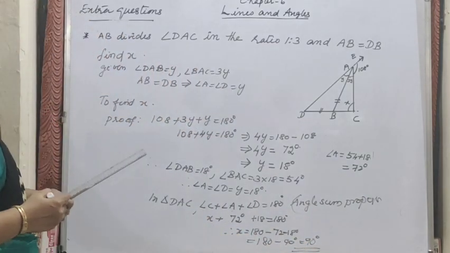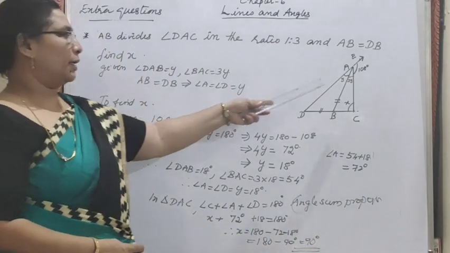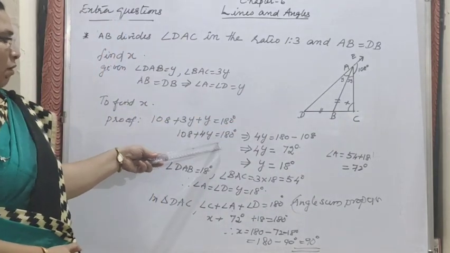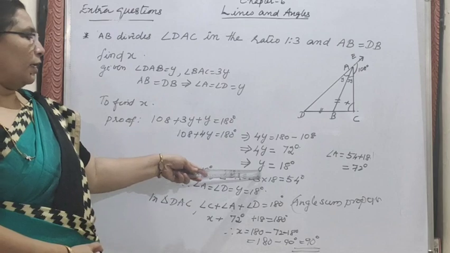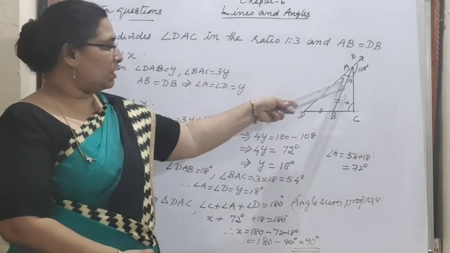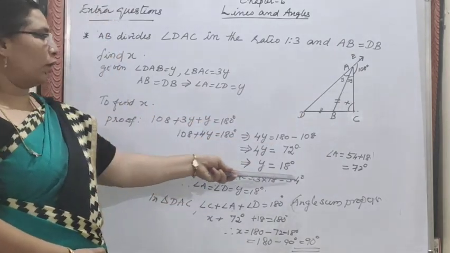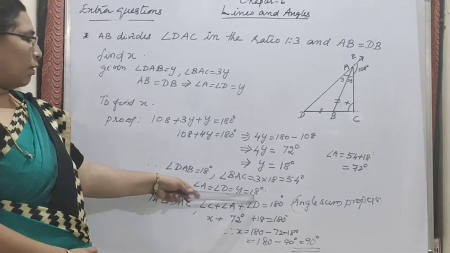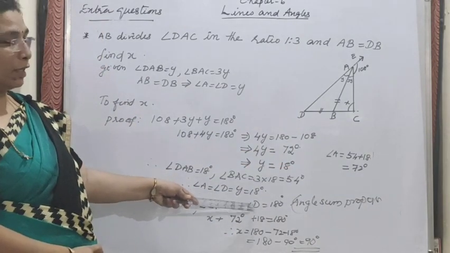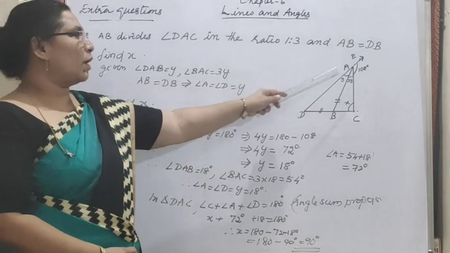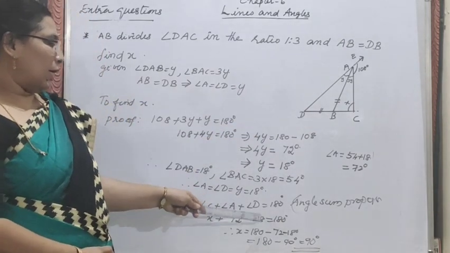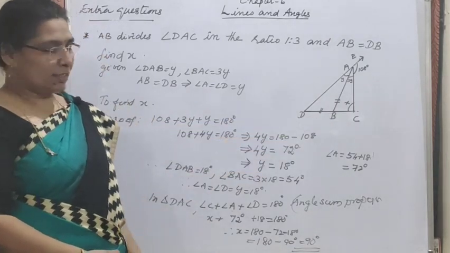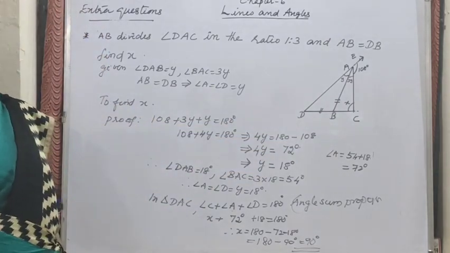So here we have written that one straight angle property, that is 108 plus 4y equal to 180 degree. Therefore y equal to 18. If y is 18, 3y is 54, total 72 degree, right? Once you got 72, we can get here 18 degree only. So total these two angles, it is equal to 90. So after using this, you can find the third angle, that is x, by using angle sum property.